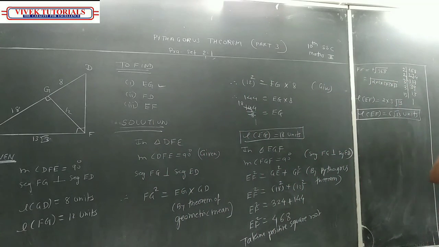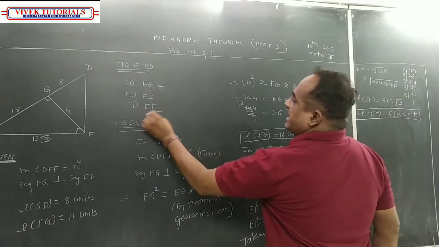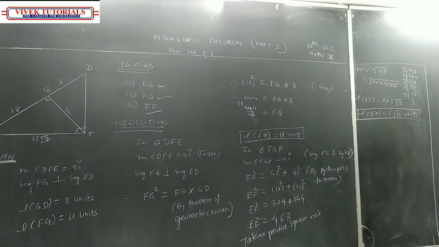Now I want to find out the value of FD. EF is done, now what we need is FD. So in triangle DGF, measure of angle DGF is equal to 90 degrees. Here the reason is segment FG is perpendicular to segment ED.